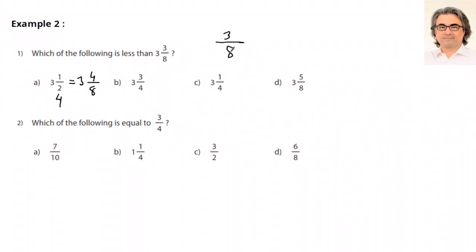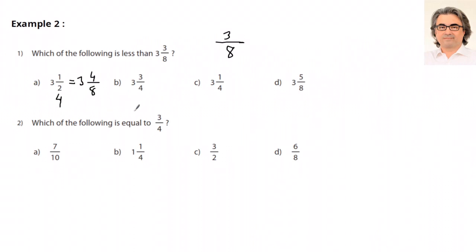I should compare them because whole parts are equal to each other. Don't consider the whole parts to solve this question. Only compare the fraction parts. Now 4 over 8 is greater than 3 over 8 because 4 is greater than 3. So in the first choice A, the given fraction 3 and 1 over 2 is not less than 3 and 3 over 8.